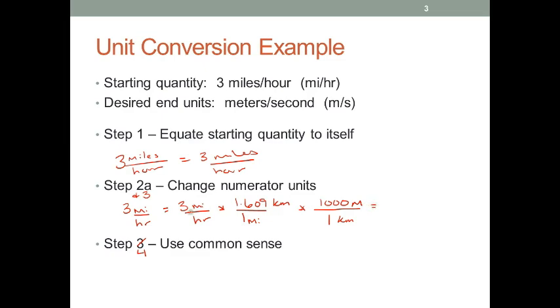Now if I take 3 and multiply by 1.609 and multiply by 1,000, I should get 4,827 meters per hour. So let's just check that. 3 times 1.609 times 1,000 is 4,827.